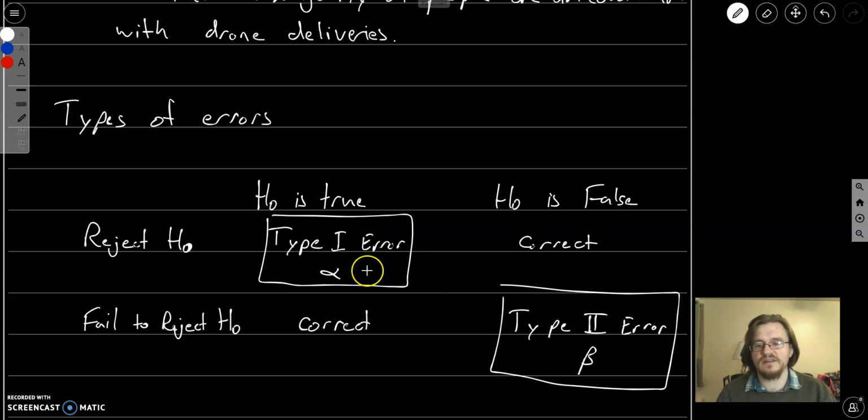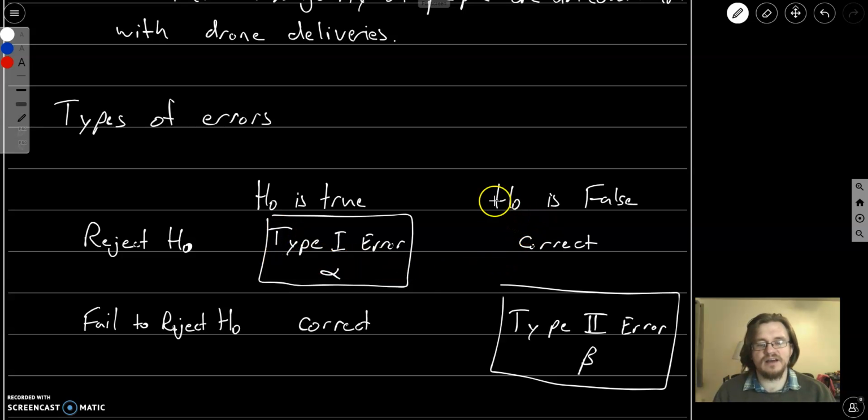And when this is phrased in terms of the null hypothesis, if something is true, but we think it's false, as in if the null hypothesis was true, but we rejected it, we said, no, this is wrong, we made an error, and that is called a type 1 error. This alpha, this significance level, is the probability that we make a type 1 error.